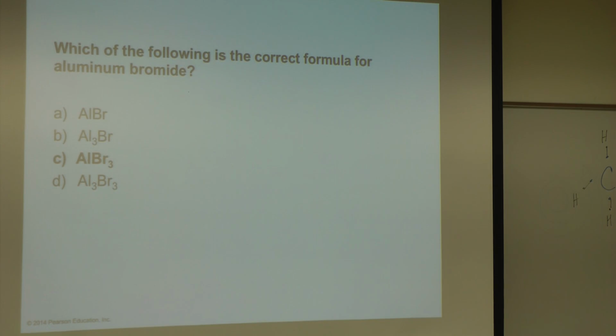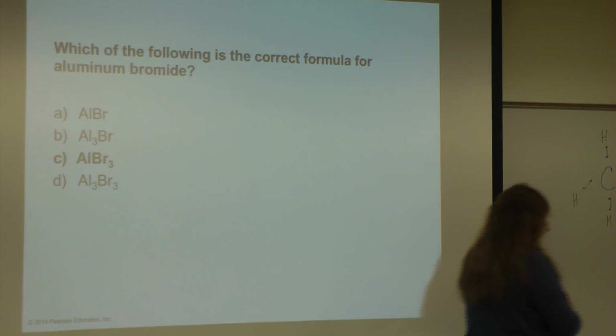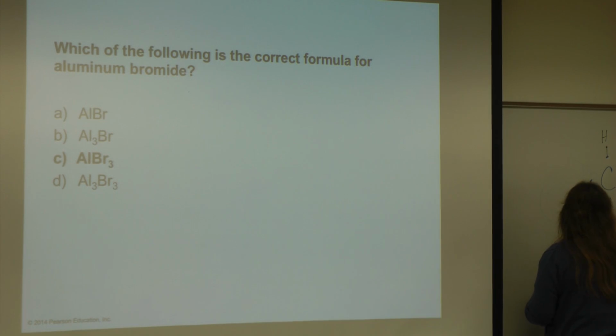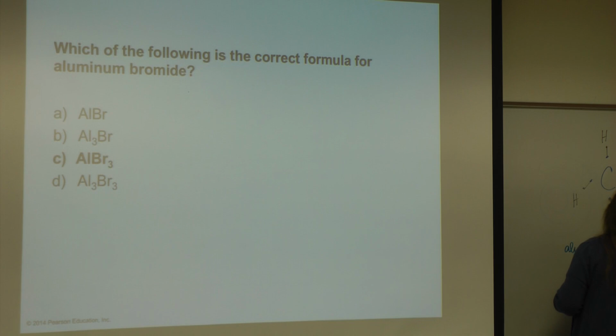Since Al is 3 plus, what would it be if it was aluminum chloride, right? So it would be AlCl3. Now, if it's aluminum oxide, what would it be? So how would we write aluminum oxide?